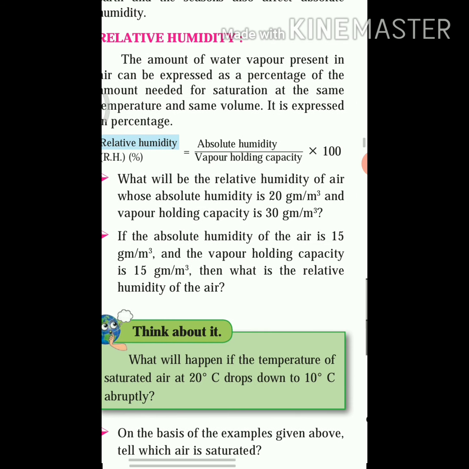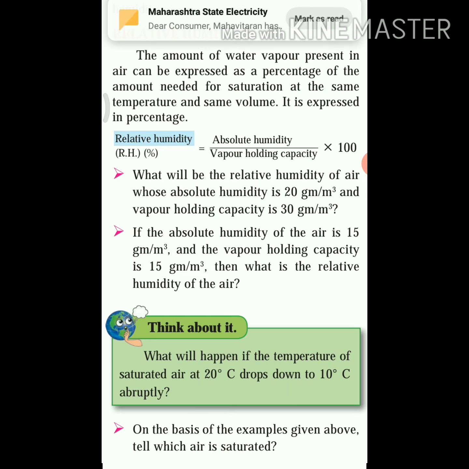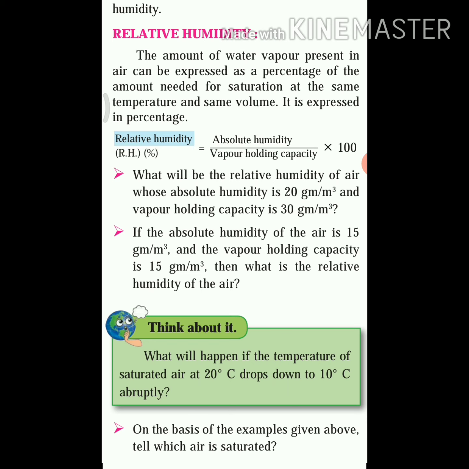Here the formula is given for how to calculate relative humidity. The change in the temperature of the air leads to a change in the moisture holding capacity of the air. This in turn leads to a change in the relative humidity of the air.